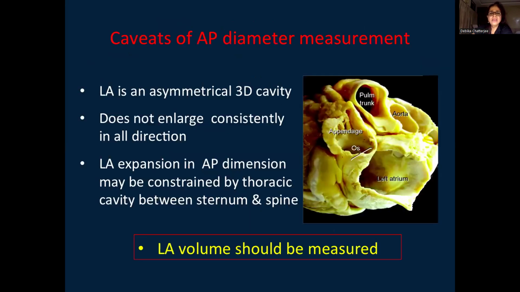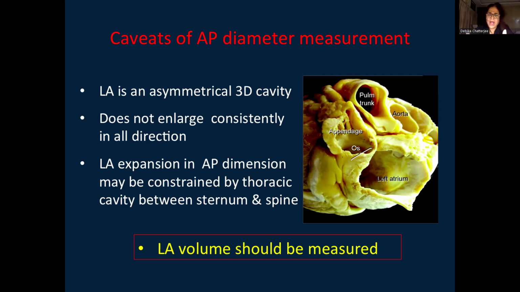There are caveats in the anteroposterior diameter measurement of the LA, because if you look at this model, the left atrium is an asymmetrical three-dimensional cavity. It does not enlarge consistently in all directions. Moreover, LA expansion in the anteroposterior dimension may be constrained by the thoracic cavity between the sternum and the spine.